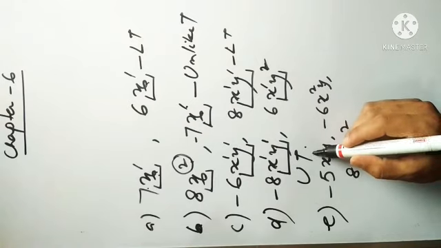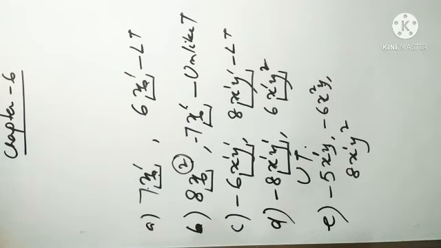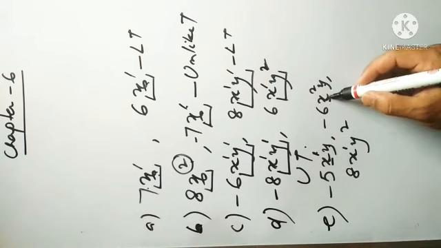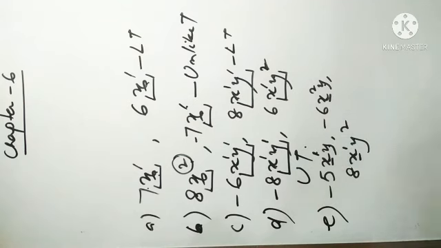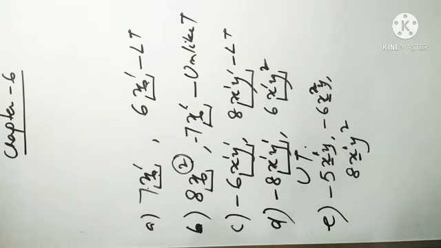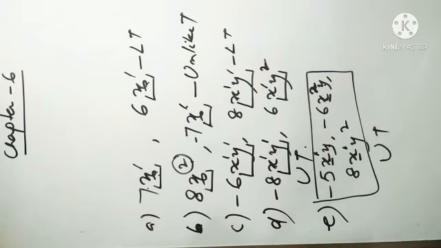Here the power of x is 1, here it is 2, and here it is 1. So for x in all the terms, they have different powers: some have 1, but one of them has 2. Therefore, these 3 terms are unlike terms. You should know how to identify like terms and unlike terms. This is important because it will help you to add and subtract easily.